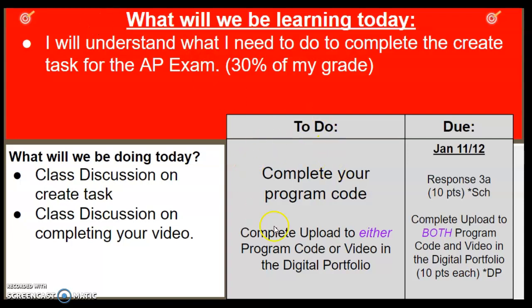All right, so your goal is to have your program code complete by today, and you're going to either upload your program code or your video into the digital portfolio. Now, it is very important: do not hit the final submit button, because you can change your program code or your video up until you hit final submit.